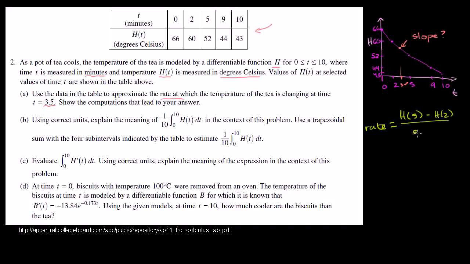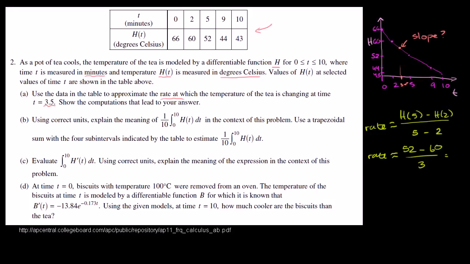We end at 5 minutes and we started at 2 minutes. So the rate is going to be approximately, at 5 minutes our temperature is 52 degrees, at 2 minutes our temperature is 60 degrees, and this is over a change of 3 minutes, since 5 minus 2 is 3.